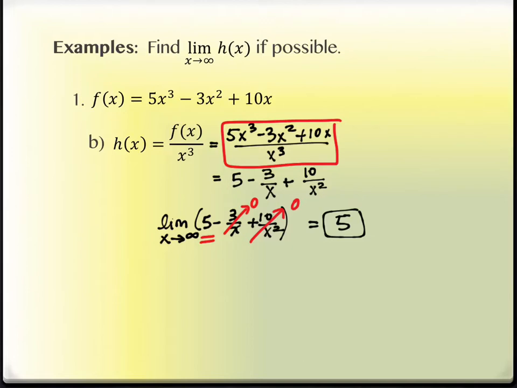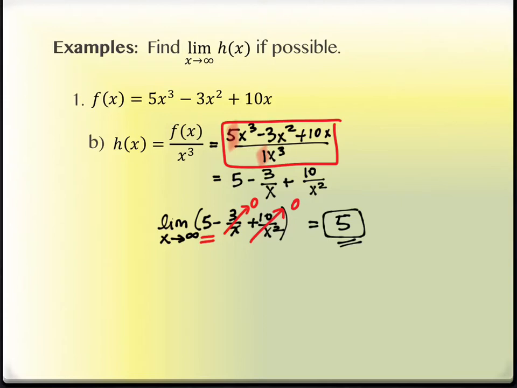So what we did back then is we said, okay, the degree on top and the degree on bottom are the same, so we look at a ratio of the leading coefficients. The leading coefficient on the top is 5, and on the bottom, there's an understood 1. 5 over 1 is 5, and that's the exact same thing you're seeing from a calculus standpoint below. It's still 5. It's a horizontal asymptote. There's a horizontal asymptote at y equals 5.